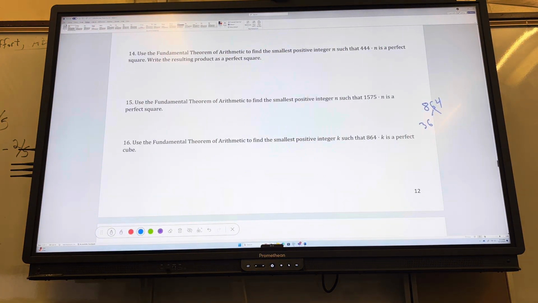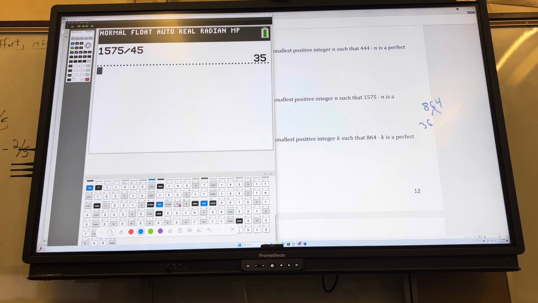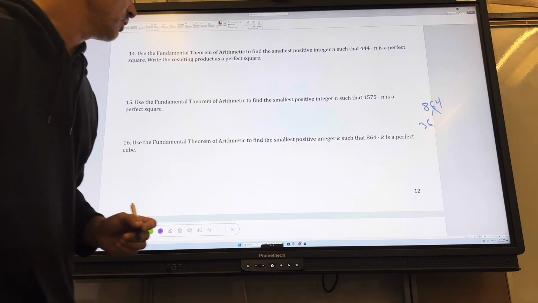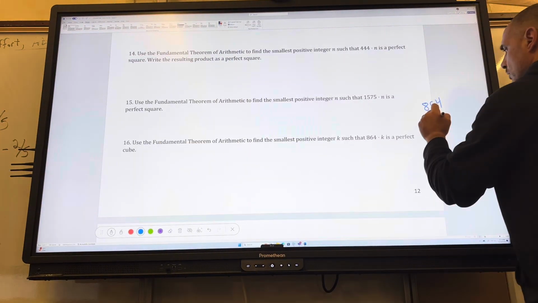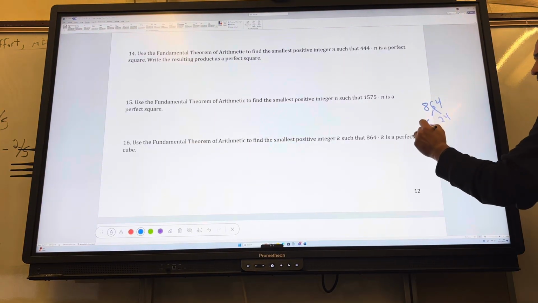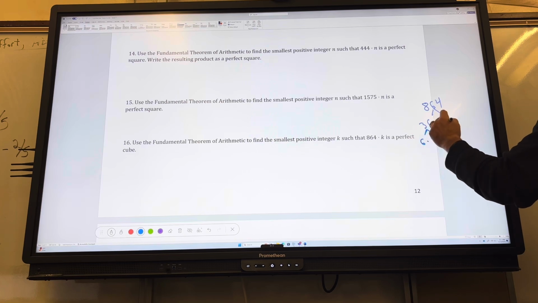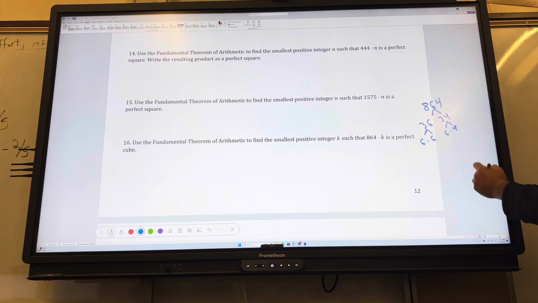So again, I'm employing my calculator. So I have 864 divided by 36, 24. It's going to be 24. Factors of 36 are 6 times 6, and factors of 24 are 6 times 4.